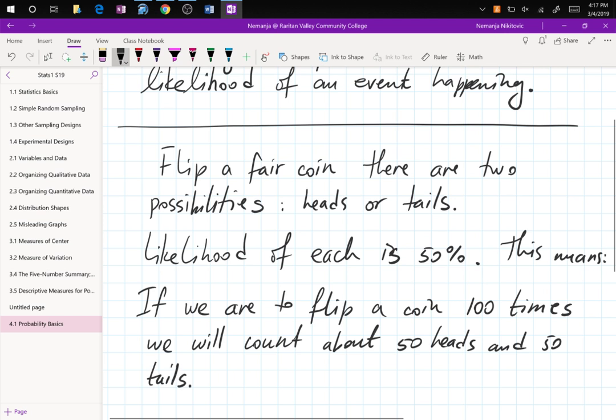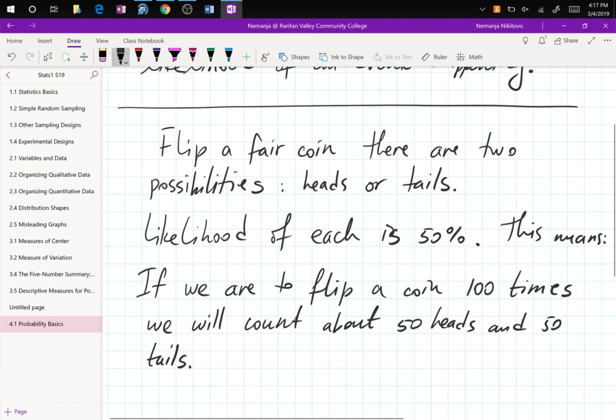Will it be exactly 50 heads, 50 tails every time? No. But it's going to be very close to 50-50.